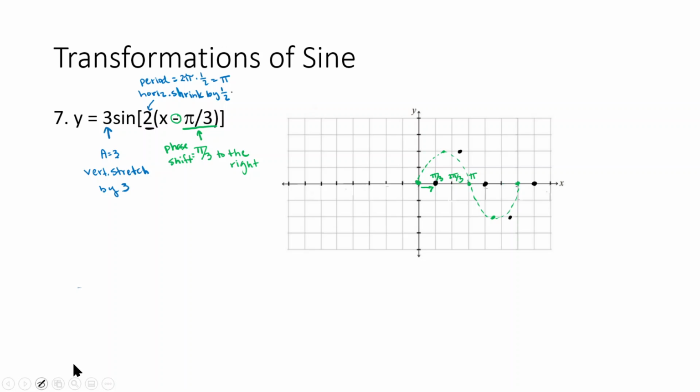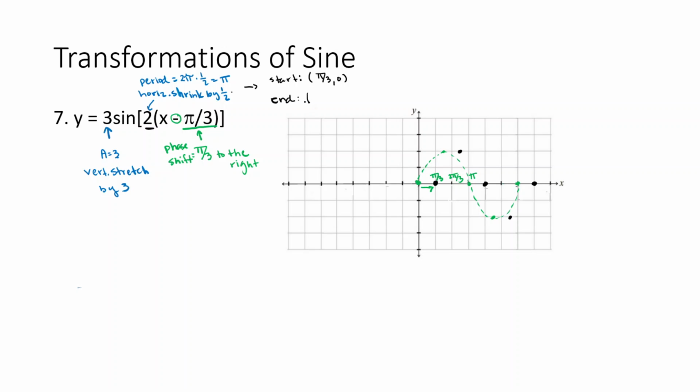the period changes. So let's think about what that does. So my start of my wave is still going to be at that pi thirds 0 that I just marked. But the end has to shrink in horizontally. So instead of being at 2 pi, which it normally was, I have to shrink that in half.